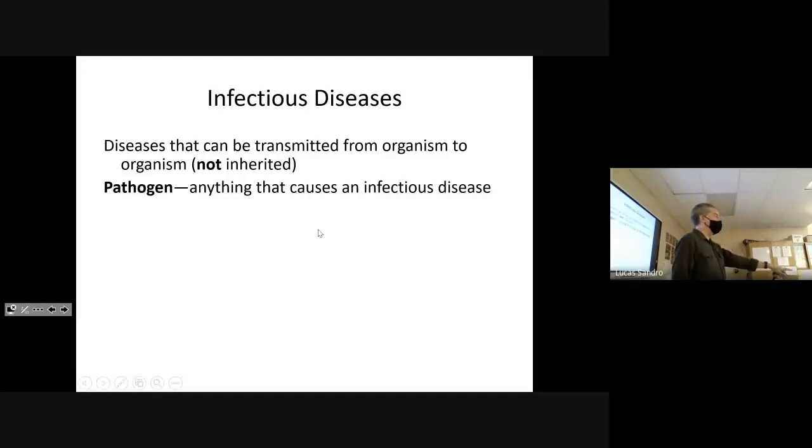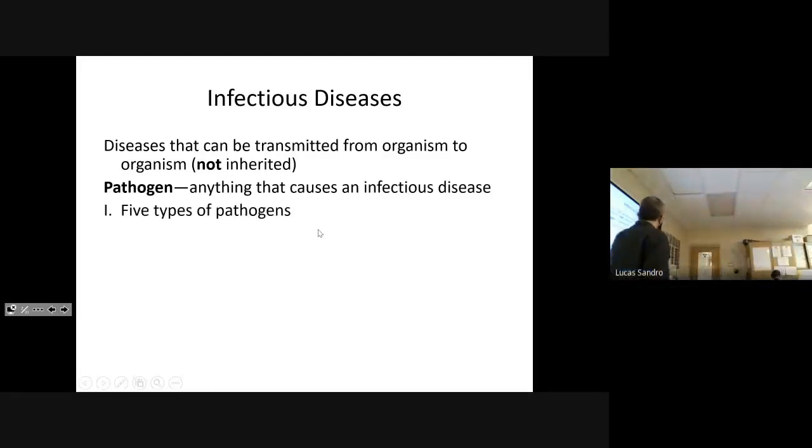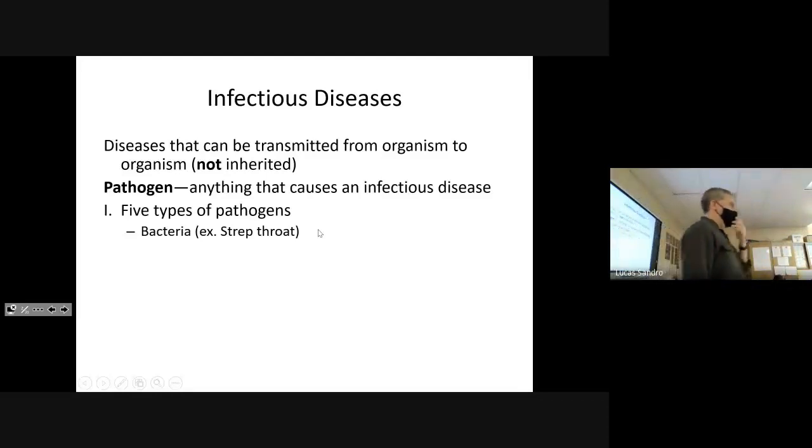Foodborne is another route of transmission. I'm talking about what are the little things that actually make you sick. Good, bacteria is one. A good example of a bacterial pathogen is the one that causes strep throat.